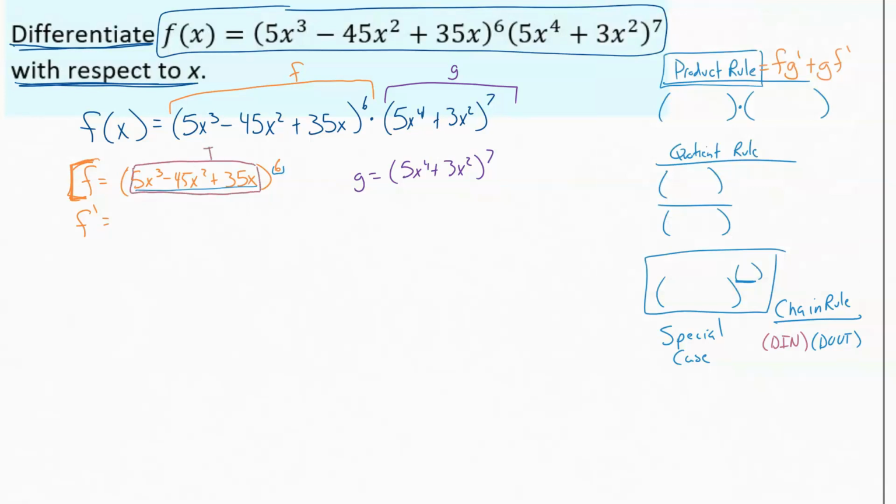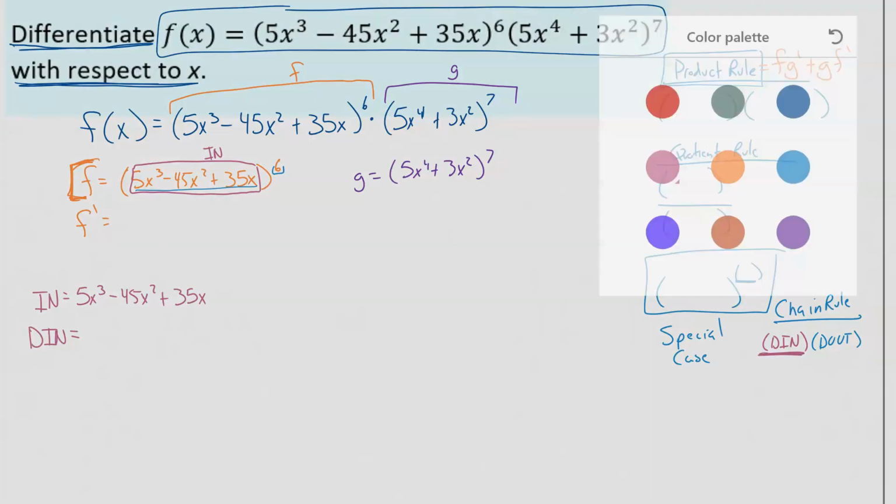My inside piece right now is that 5x cubed minus 45x squared plus 35x. And again, you can break this into bite-sized little math problems. The more of these you do, the more you'll be able to do this in your head. But until then, you break it into bite-sized math problems. So I have my inside piece, so I need to go find the derivative of the in.